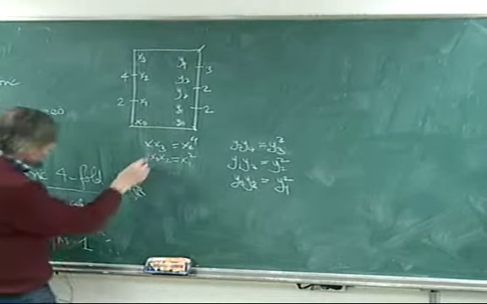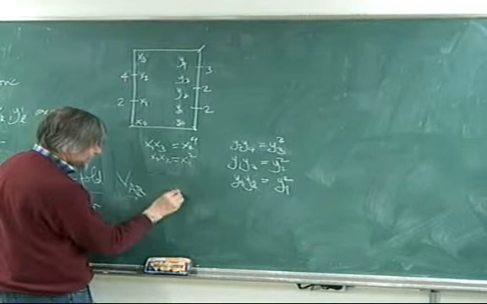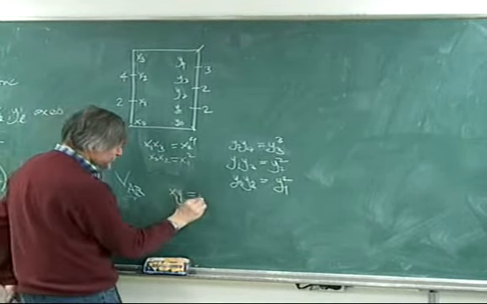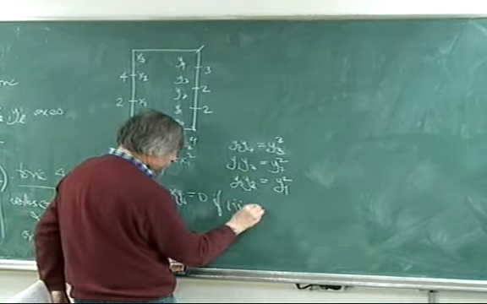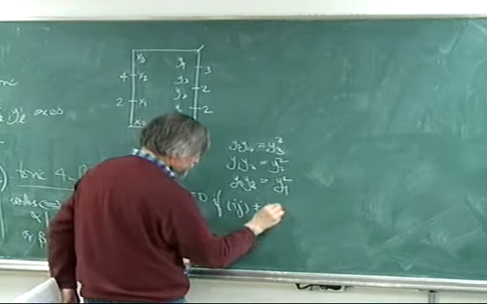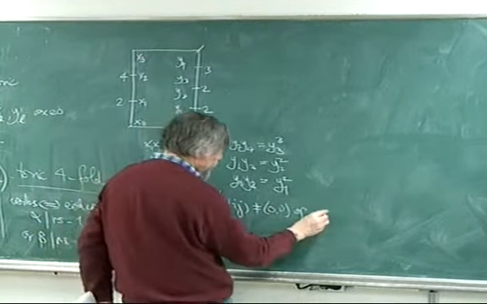Right, and then I have all these equations saying xi yj equals 0 if ij is not equal to 0, 0 or 3, 4.